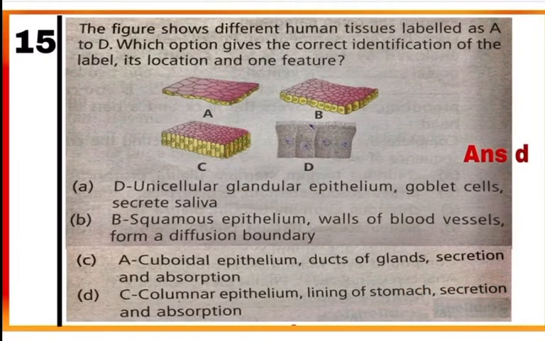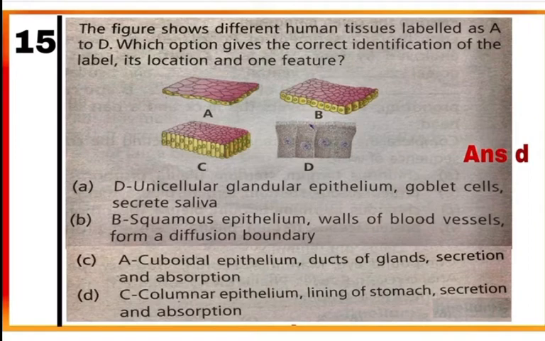Question 15. The figure shows different human tissues labeled as A to D. Which option gives the correct identification of the label, its location, and one feature? Option D is the correct answer.